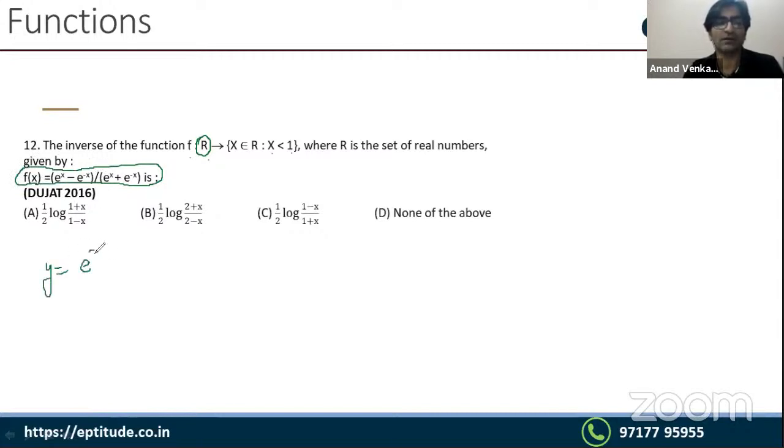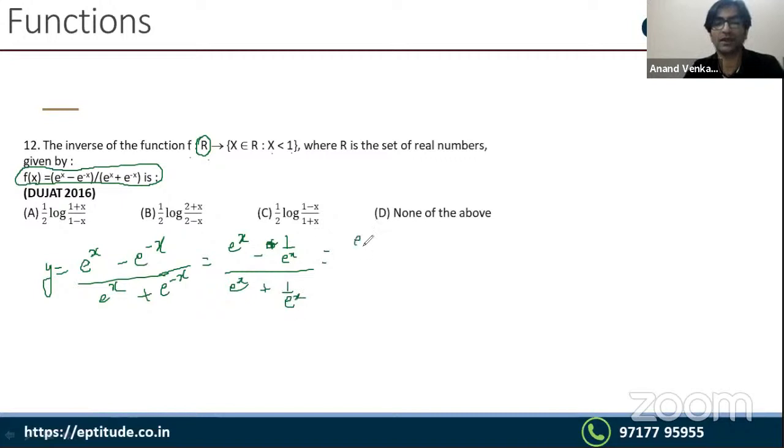Y is equal to e power x minus e power minus x divided by e power x plus e power minus x. इसमें क्वेश्चन बोल रहा है find the inverse of this function. तो इनवर्स कैसे निकालें? तो इसमें बेसिकली e पावर माइनस x को पहले लिख देते हैं 1 by e पावर x. तो ये बनेगा e पावर x minus this and this will become e power x plus 1 by e power x. तो अगर मैं एलसीएम ले लूं तो ये न्यूमरेटर बनेगा e पावर x into e पावर x e पावर 2x, है ना, minus 1 divided by e power x divided by e power 2x plus 1 divided by e power x. और ये e power x और ये e power x कट जाएगा.